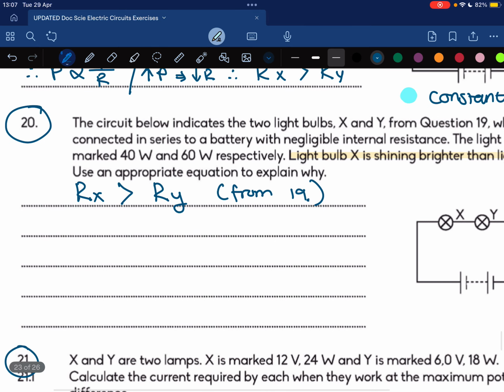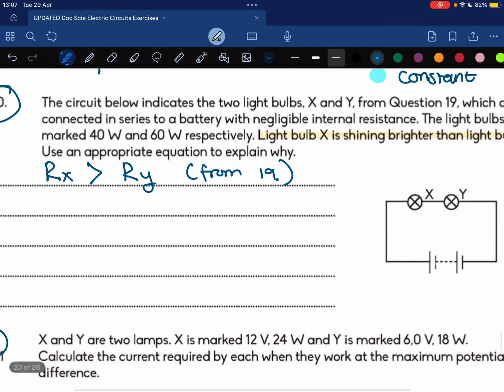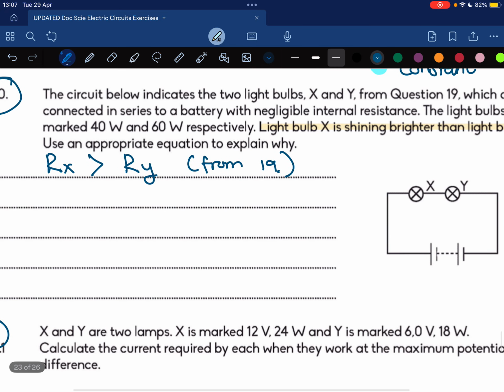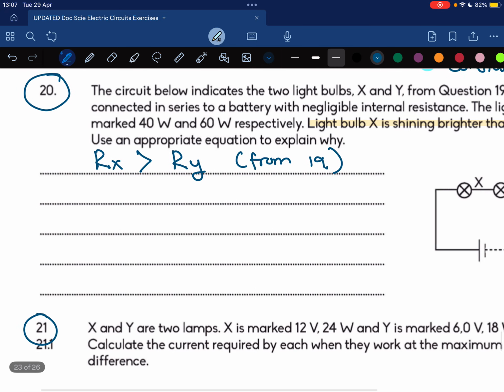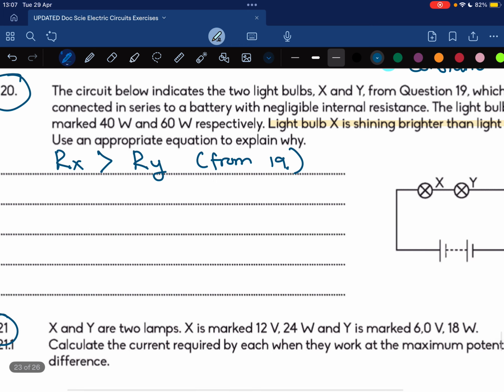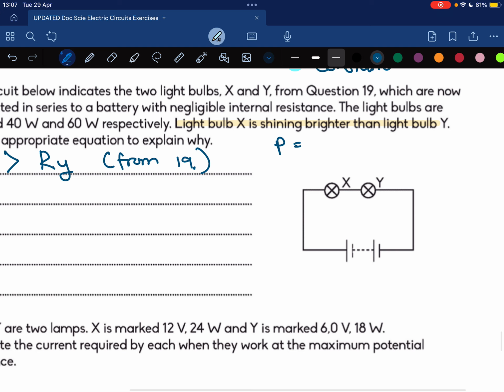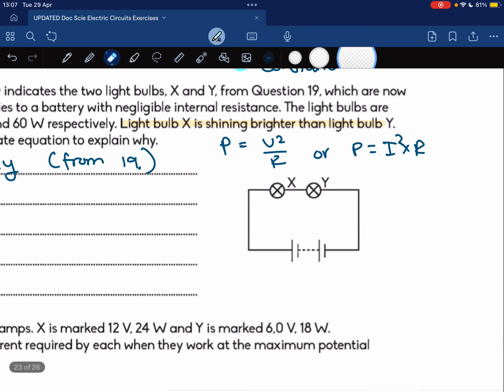So now let's think about it. We are comparing the power again. If we're comparing power and resistance, we're going to use the same equations. I'm trying to compare P and R again.